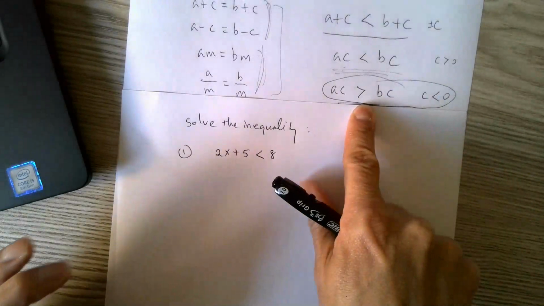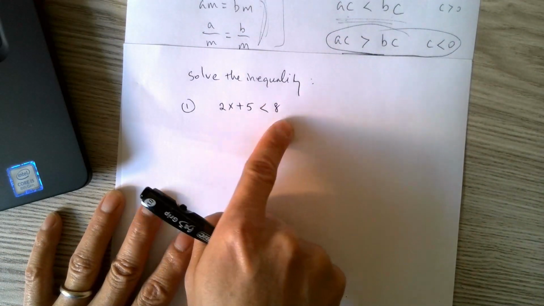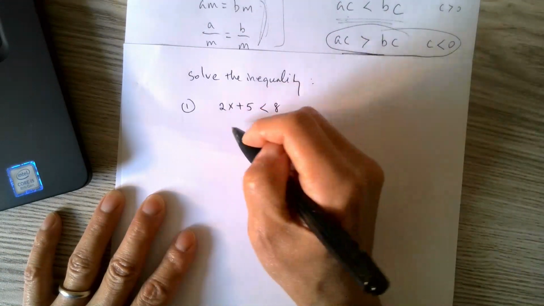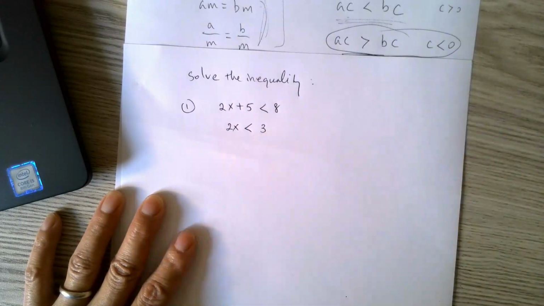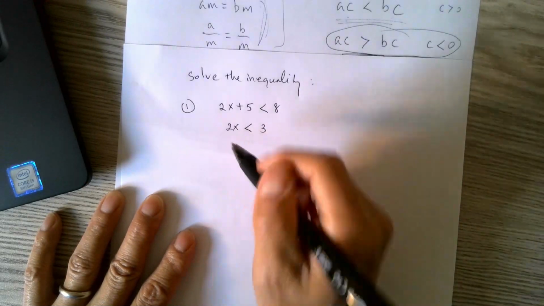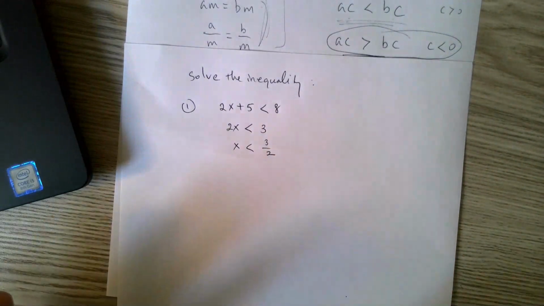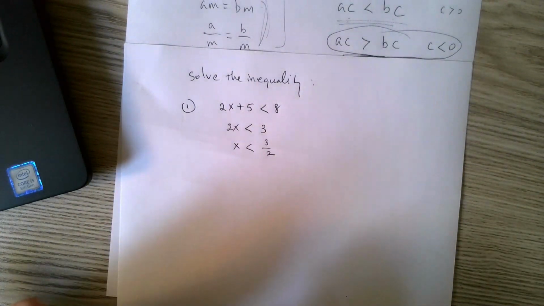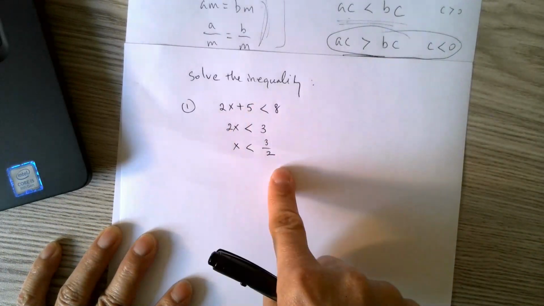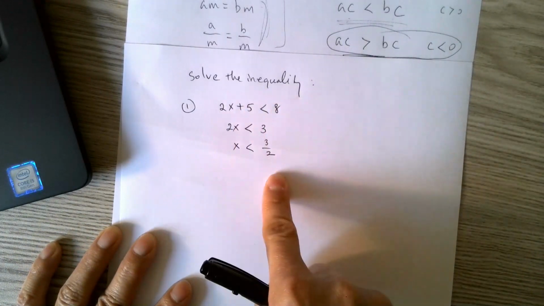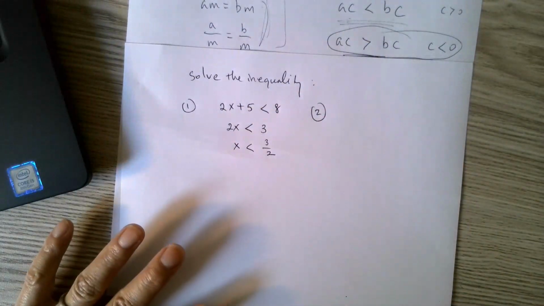At that moment, it will turn around. Okay, first step, I'm going to subtract 5 from both sides. That will not change the inequality. And then I will divide both sides by 2. And there it is. So it's very simple to solve an inequality as long as you don't have to encounter this, because everything's the same as you're used to. There's nothing different from solving this than from solving equations.